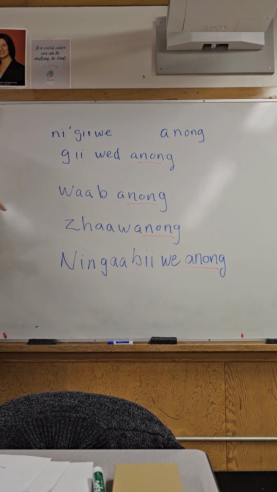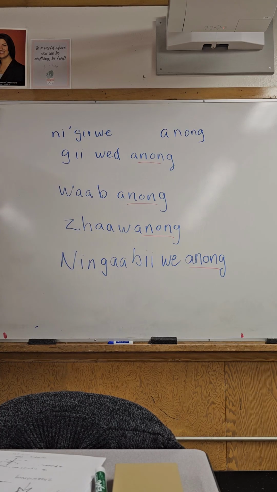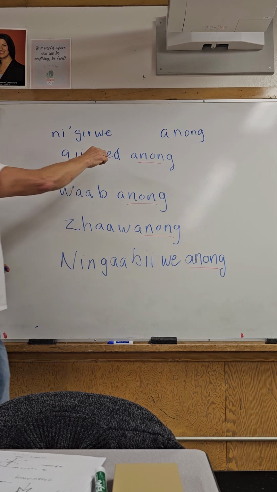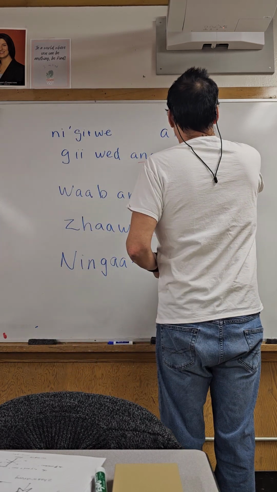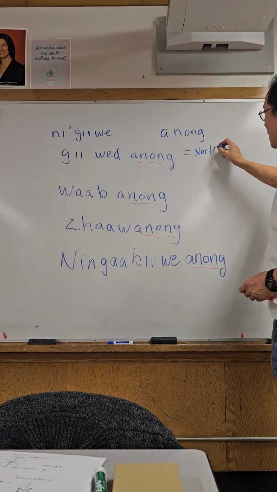So, I'm going home, and then star. So that is in reference to the North Star, because the North Star is the one that we use to guide ourselves, right? So Giwe is in reference specifically to the North Star.